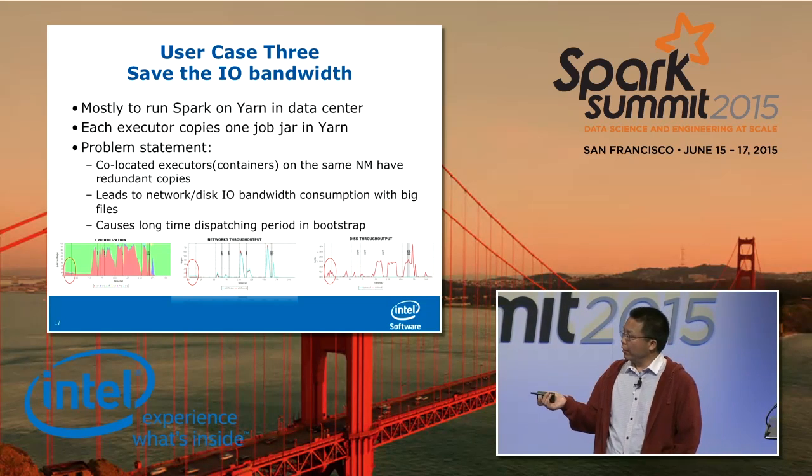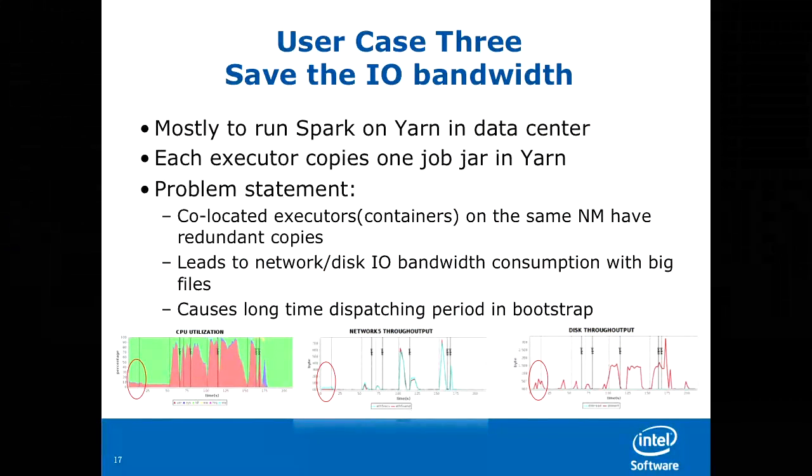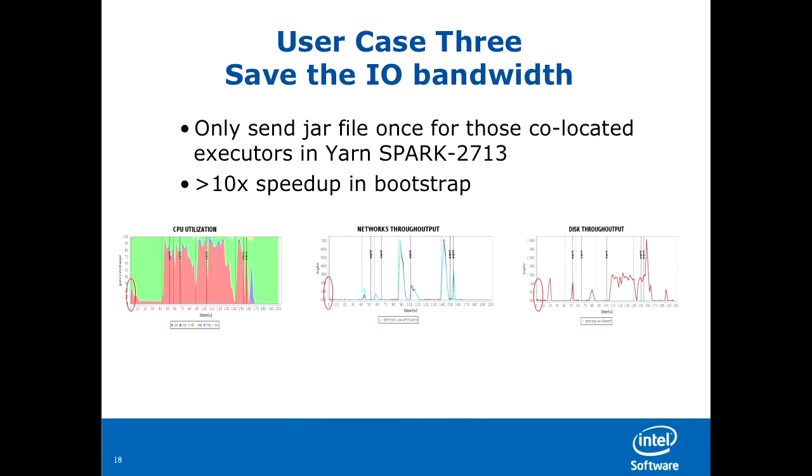At the beginning of the running phase, there are some vertical lines that split the different phases and stages. In the previous implementation, at the beginning it takes a long time for the jar file to be distributed to all these executors, and you can see that the network bandwidth is not very high. So we did another patch.